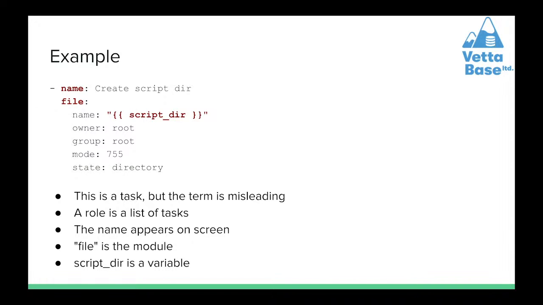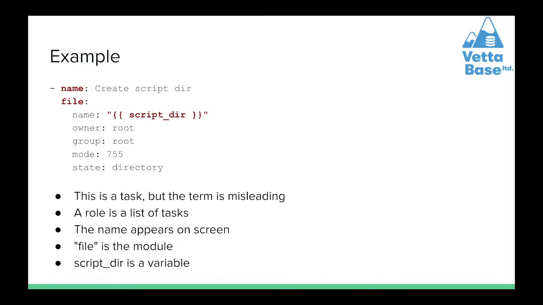In this case, the task has a name, which is create script directory. The name is optional, but it's very important to set it, because when you apply a role, you will see the list of tasks executed on your screen. If something fails, it's very important to have used meaningful names for your tasks.